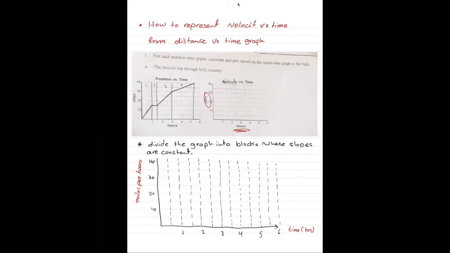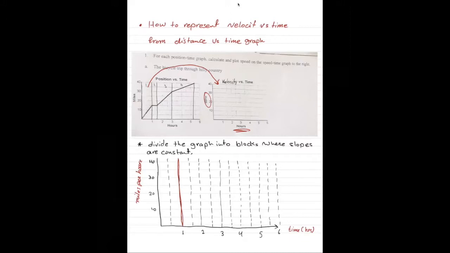Okay, so since we divided our position and time graph into blocks, we will start transforming those blocks one by one from the position time graph to the velocity time graph. So block number 1 starts from 0 second to second number 1. So our block will be right here.